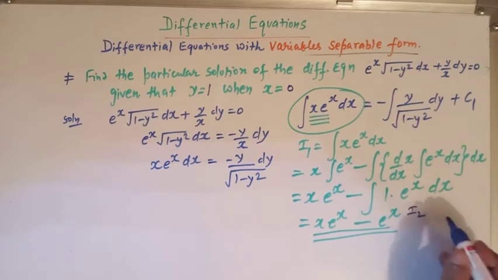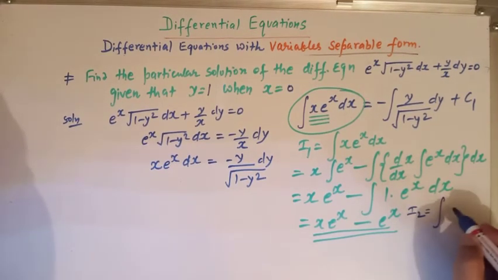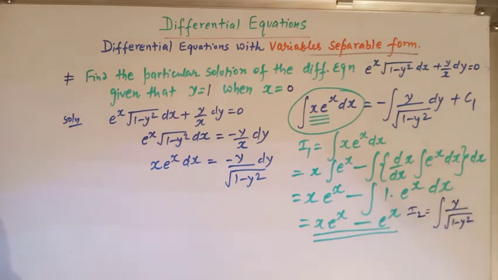Now let us assume the second integral as I2. So I2 is integral of y over square root of 1 minus y square dy. Clear? If we substitute t is equal to 1 minus y square, we have dt is equal to minus 2y dy. Clear?